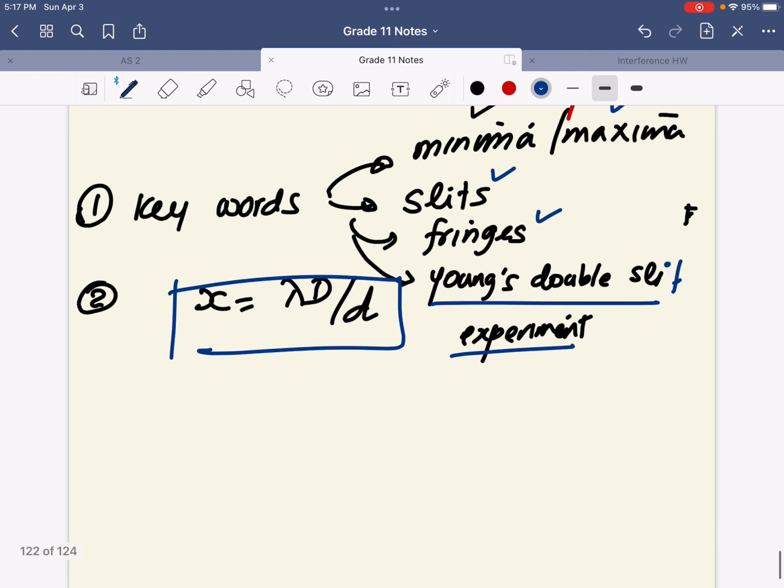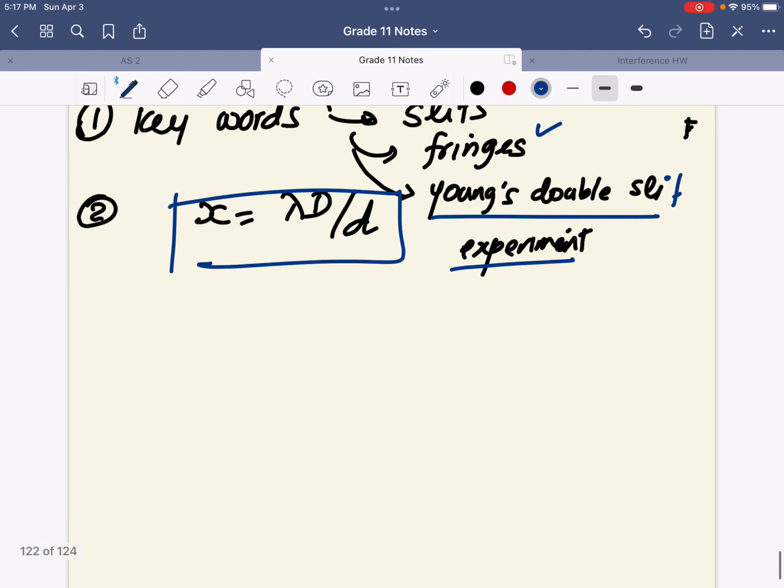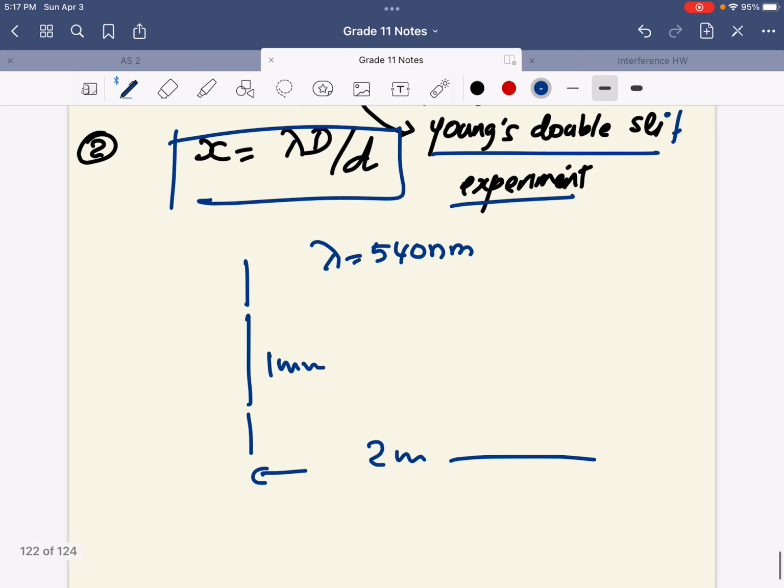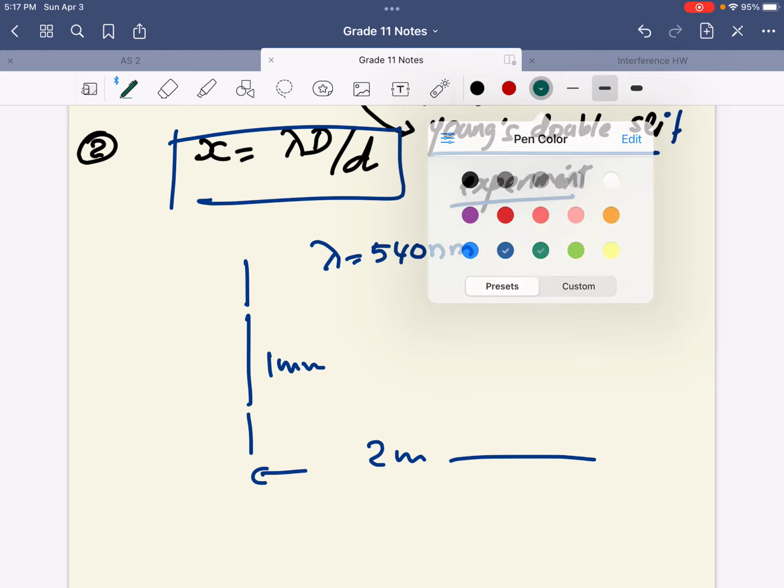I'm sure you are not very clear about this equation. Let's put in numbers. Let's think the two slits are 1 millimeter apart, the screen is 2 meters away, and the wavelength we use is 540 nanometers. 540 is like blue color, let me take green color.